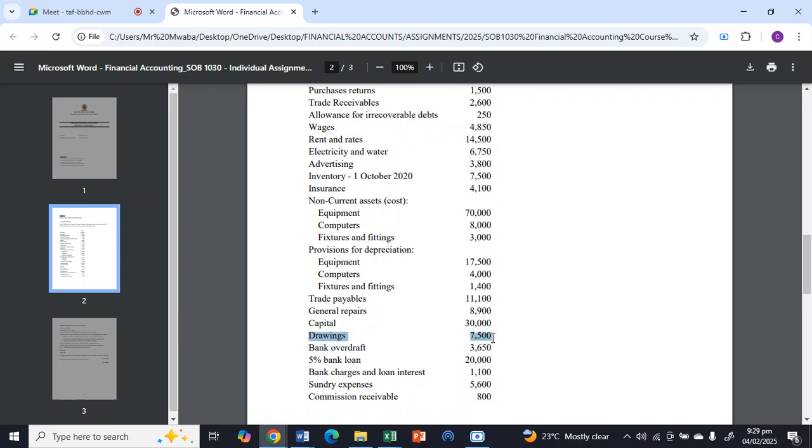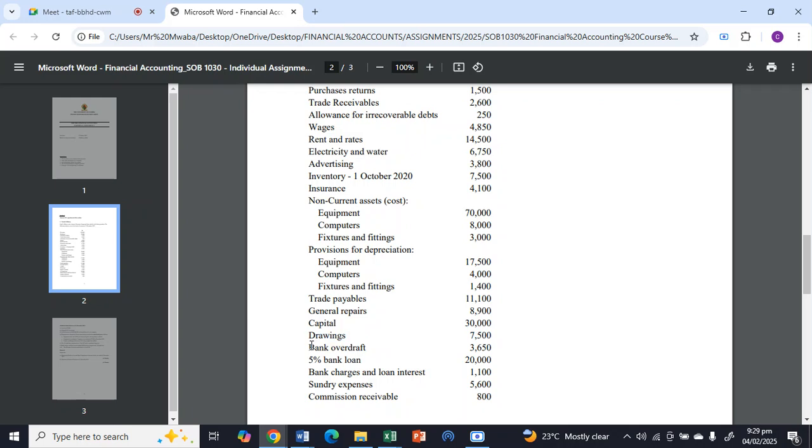Drawings. What are drawings? Yes, for our personal use.